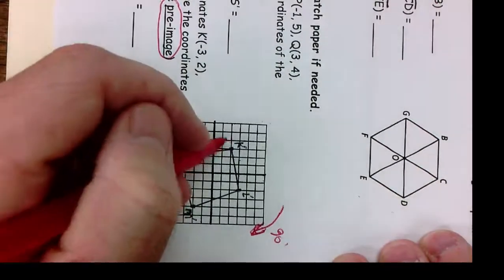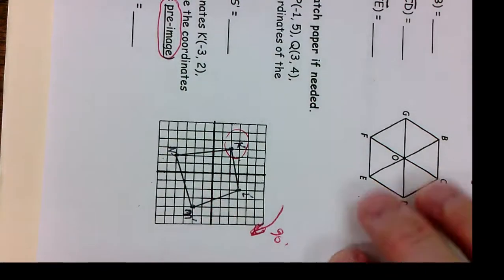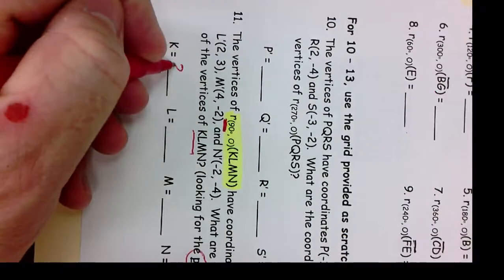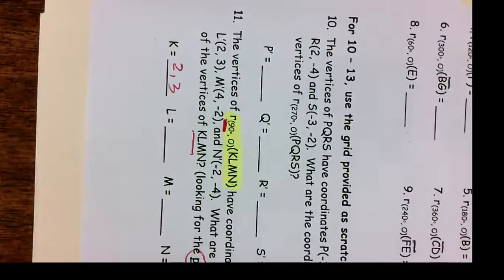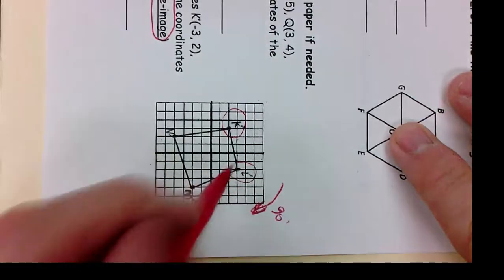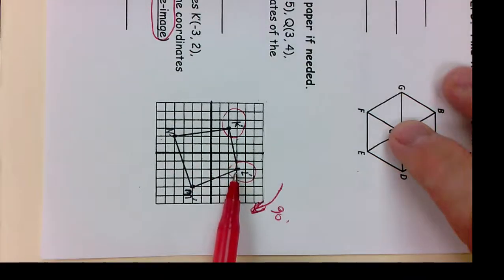So K prime is right here. That is at positive 2, positive 3. And we'll go ahead and write that down for K, positive 2, positive 3. L, before it was rotated, would have been here. That is positive 3, negative 2.